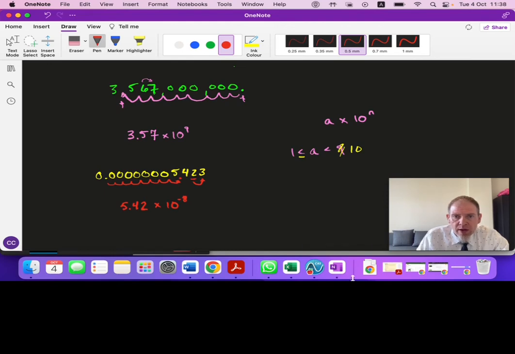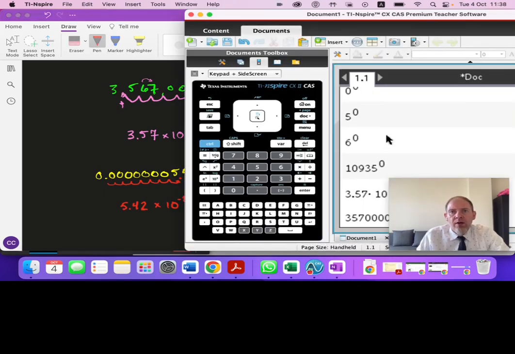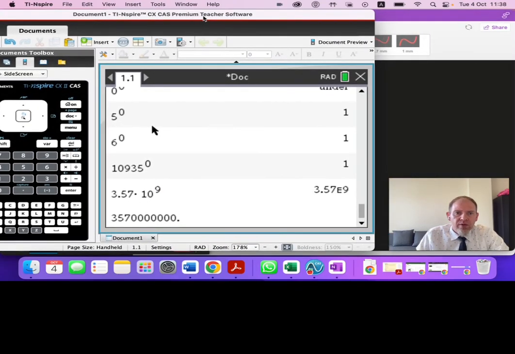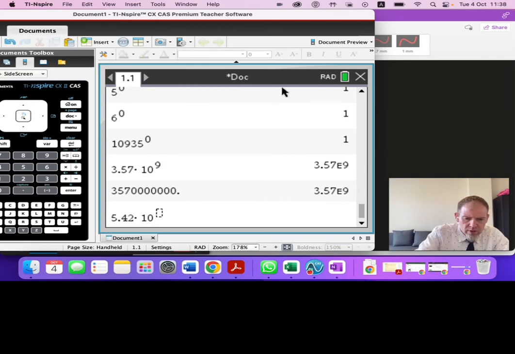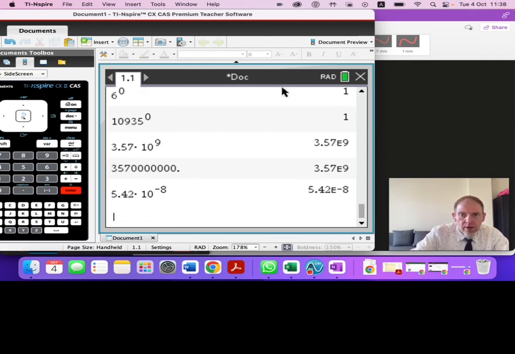And again, if I wanted to see that on my calculator, I can do that. It was 5.42 times 10 to the negative 8 power. My calculator is always helpful, and it's like, no, let's show this as what the calculator wants.